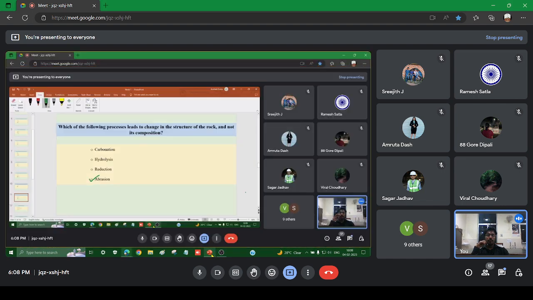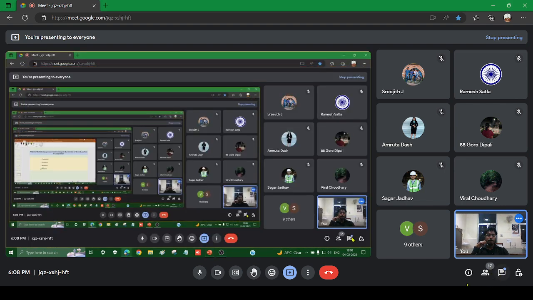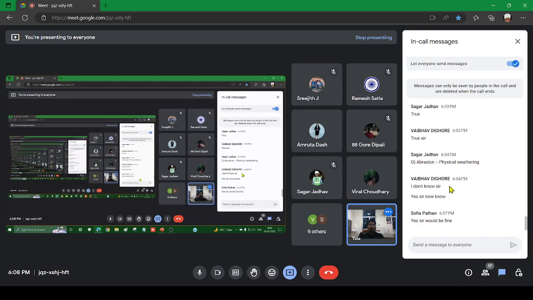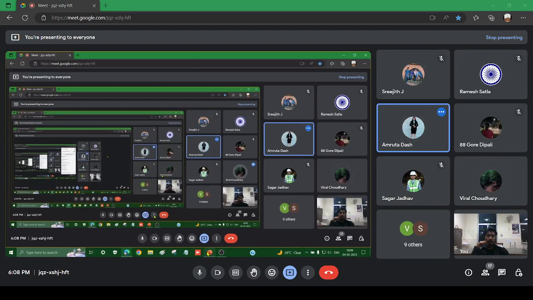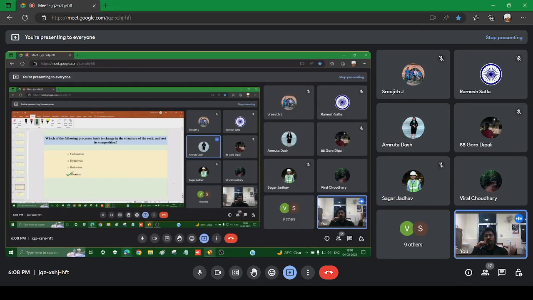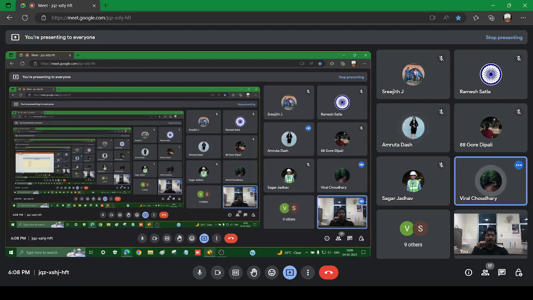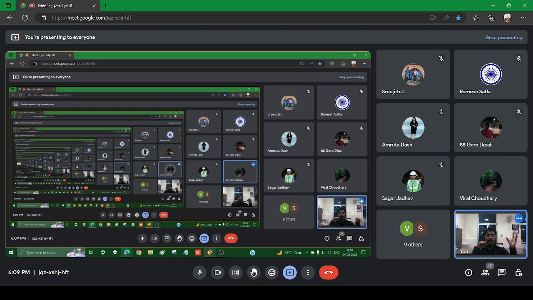What is reduction? This I think you all know. Reduction. Removal of oxygen, yes, sir. Removal of oxygen or addition of hydrogen would be called reduction.